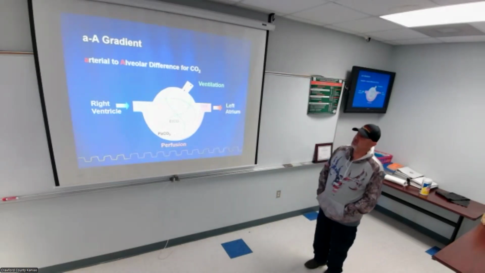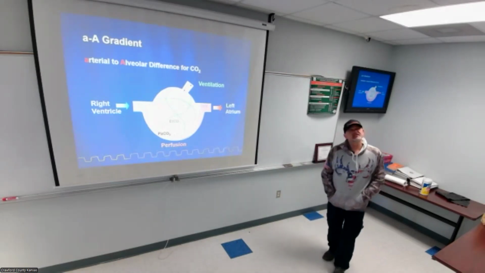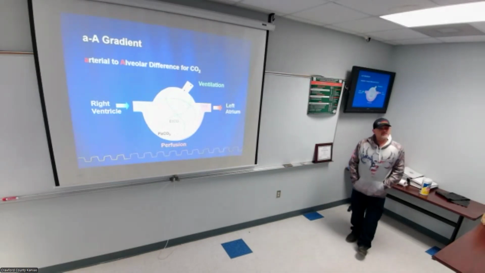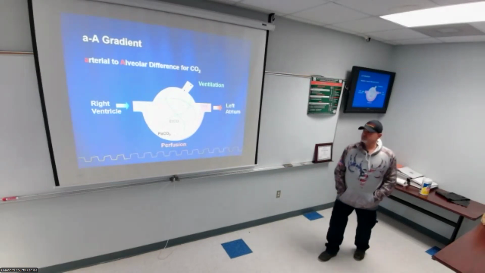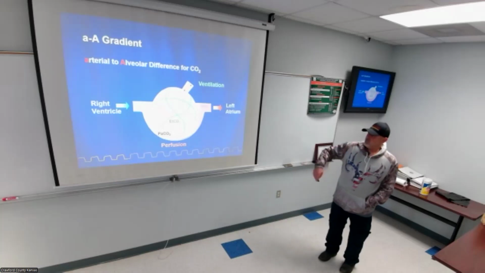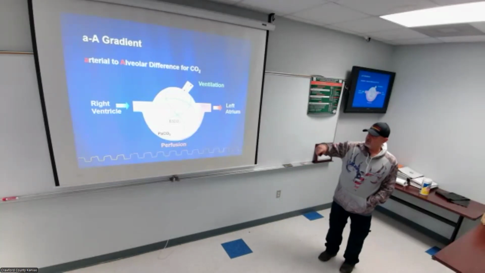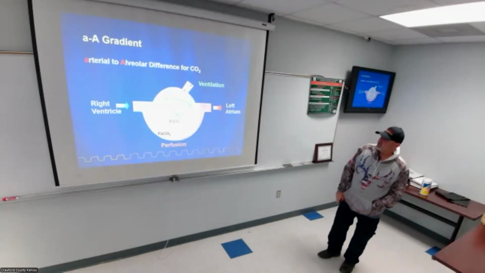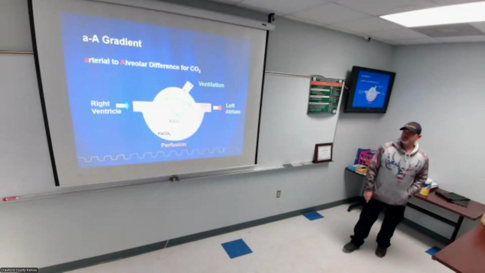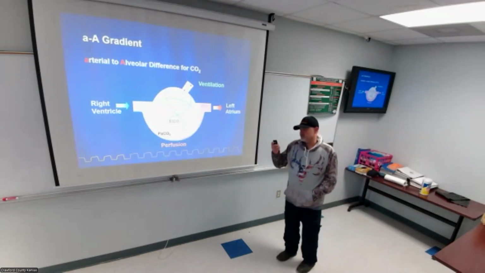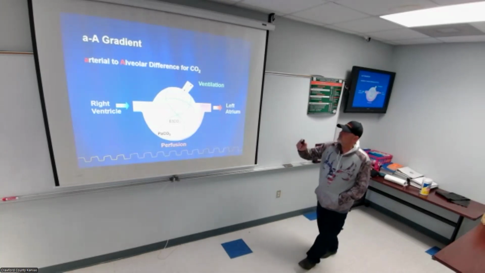Just measures your blood oxygenation, I believe, between your alveoli and your arteries. Gives you that partial pressure. And as you see, as it comes through, once again, the right ventricle, you have your PaCO2, your end-tidal CO2 also make that flip, which goes in the pulmonary vein and back out the left atrium as well.